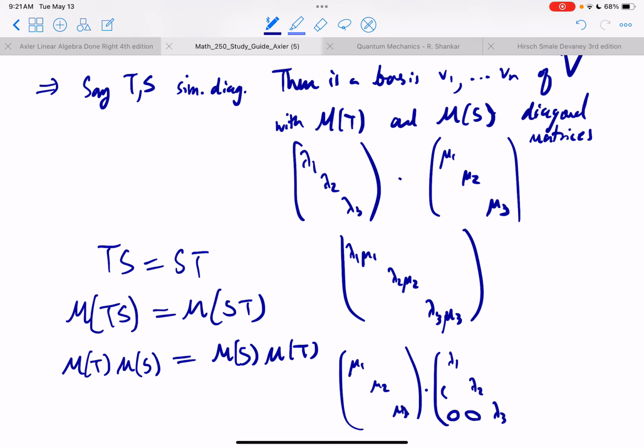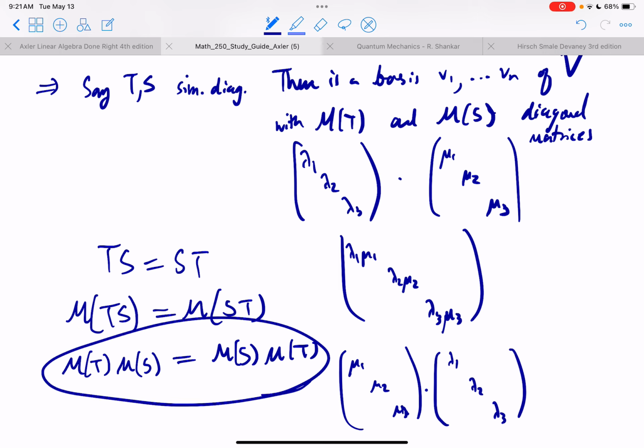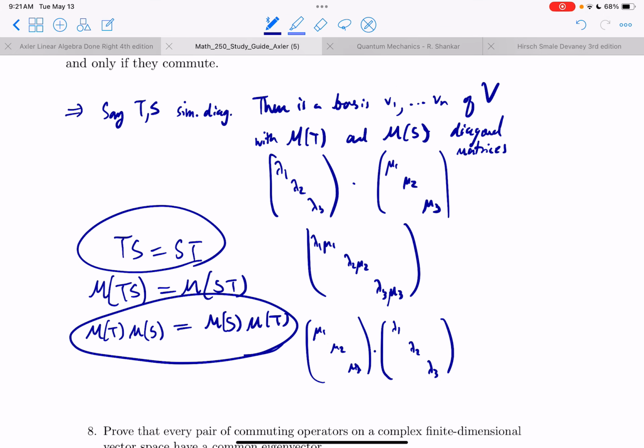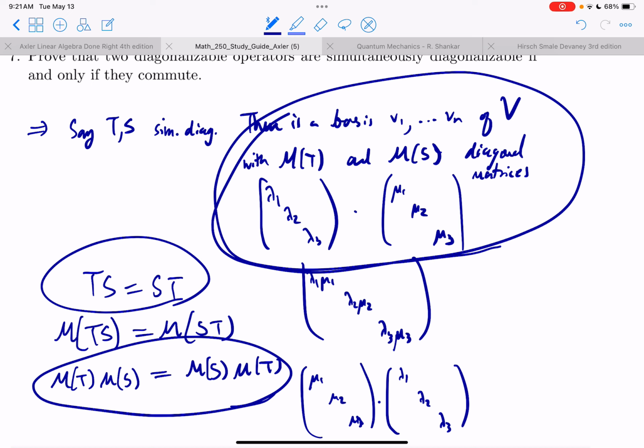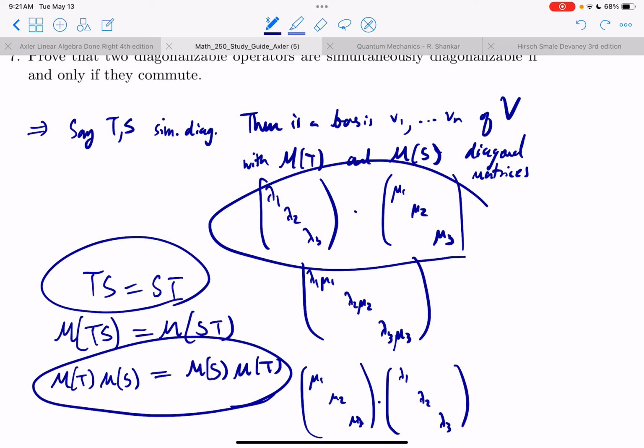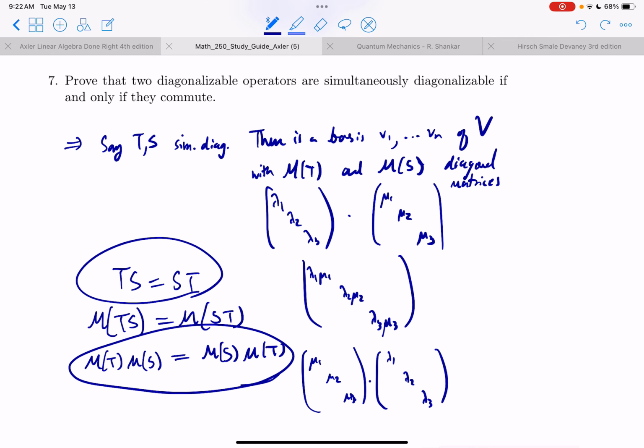So we proved that. If they're simultaneously diagonalizable, there's a basis where they're both diagonal matrices, but diagonal matrices can be multiplied in any order because these numbers can be multiplied in any order. Lambda times mu is mu times lambda for any complex number or real number.